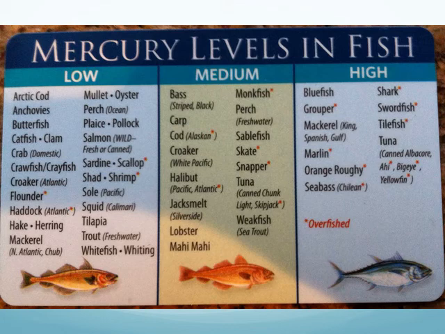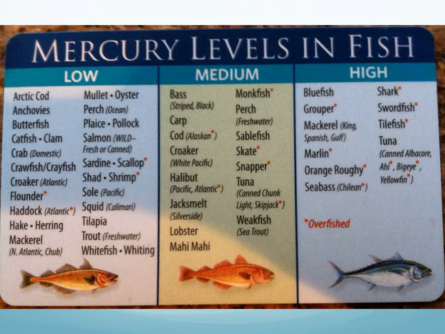Moving on to the medium category, these particular fishes you should probably not eat more than a couple times a week at most. And when you get to the high category, you should definitely limit the amount of fish you eat from this category to maybe once a month.